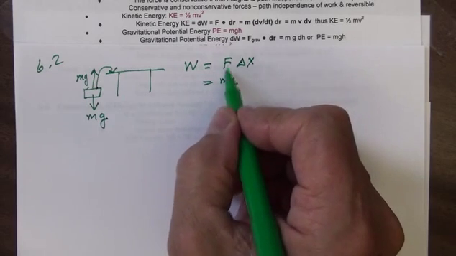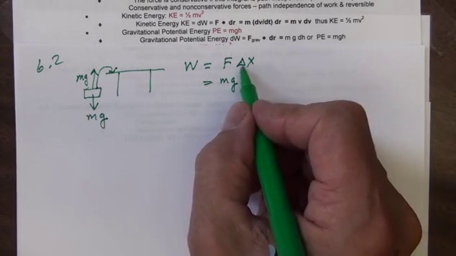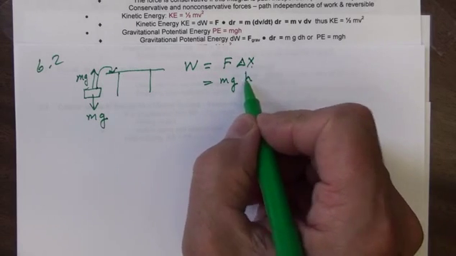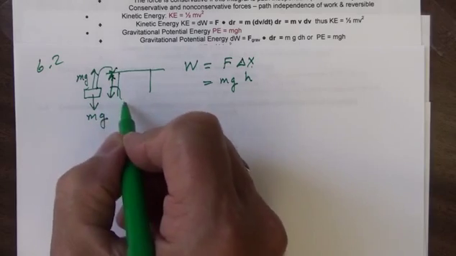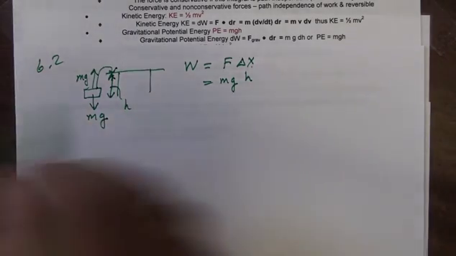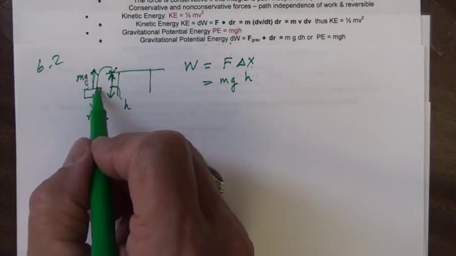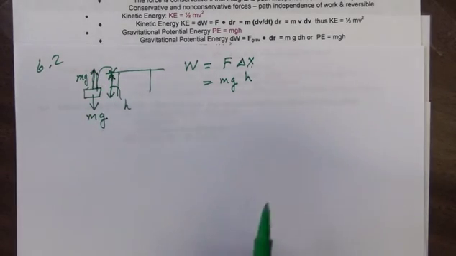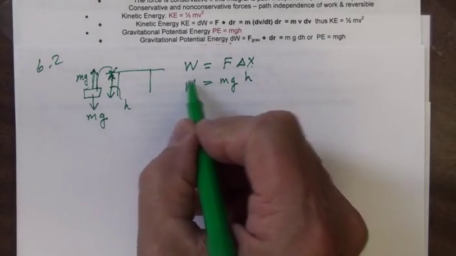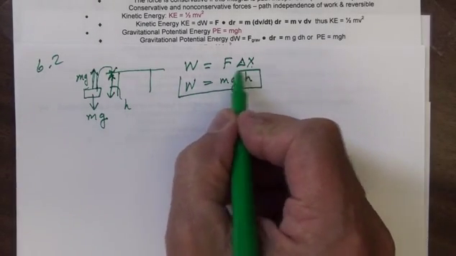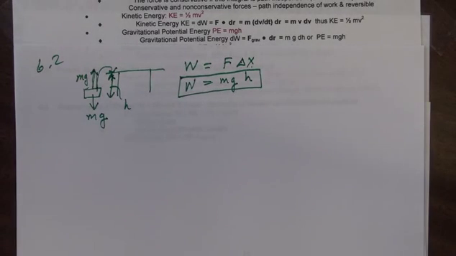That's how hard we have to push upward. And we're going to raise it a distance, delta x, or let's call it the height h. Let's say that we have a table of height h. And you'll notice that the force is directly upward, and our direction that we move it is directly upward, so we don't have a cosine of an angle. So generally speaking, we can say that the potential energy due to gravity is m times g times h.